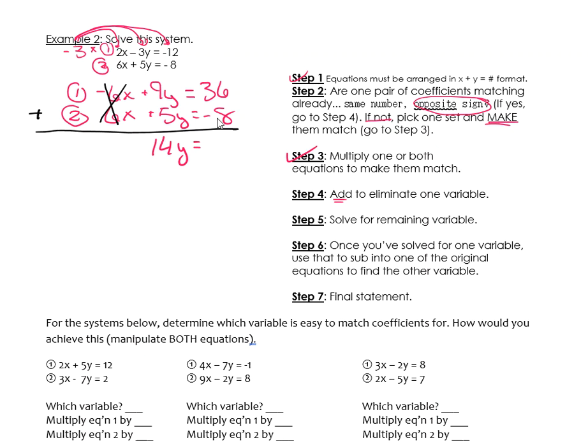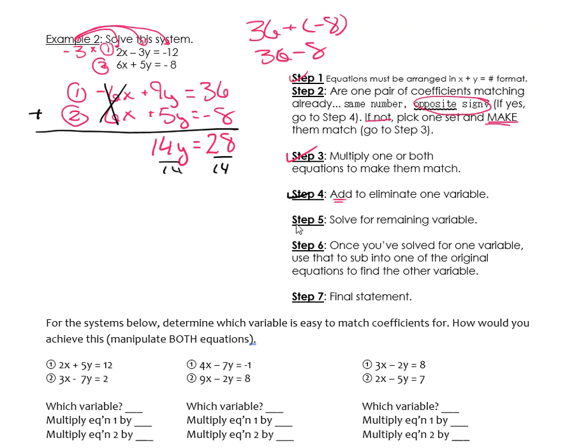And positive 36 plus -8, that is 36 minus 8. What is 36 minus 8? It's 28. And now we have one more step, and that is to isolate y.